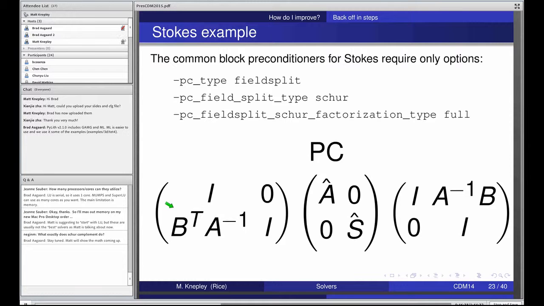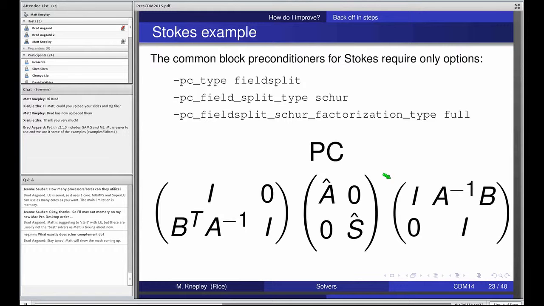We can factor the original matrix, A, B transpose, 0, this way into a product of three matrices. We can factor it into this guy, which shows just the elastic and what's called the Schur complement operator, and then these two matrices which couple them together.